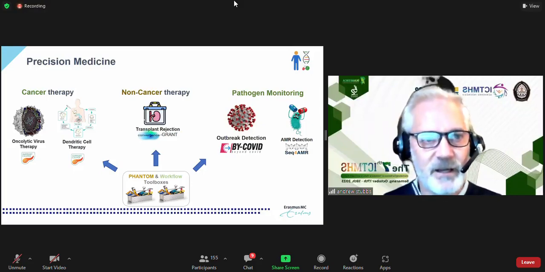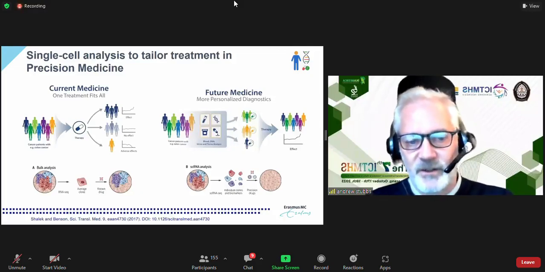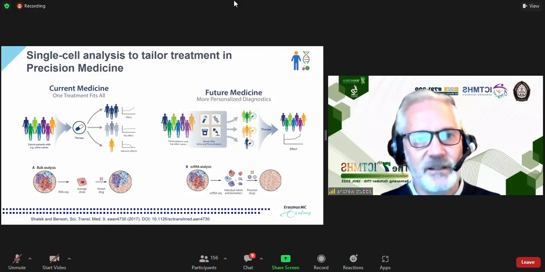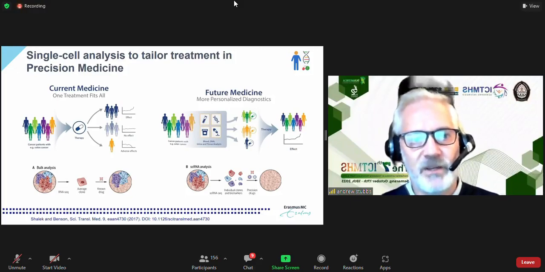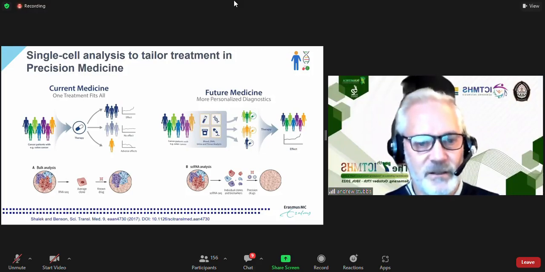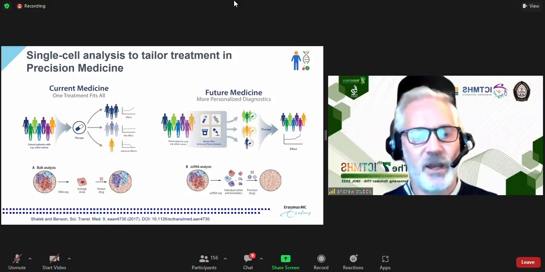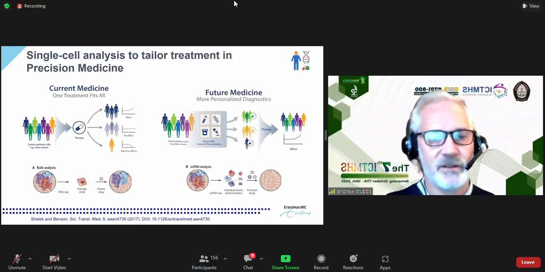And the last slide I would like to show is something that I think is coming up, even though this was presented early on in 2017, this concept of precision medicine and single cell sequencing. I mentioned earlier that we use bulk RNA. And so bulk RNA, we don't know which cell types are in that bulk. We can try and deconvolute them, but there's a certain amount of error.